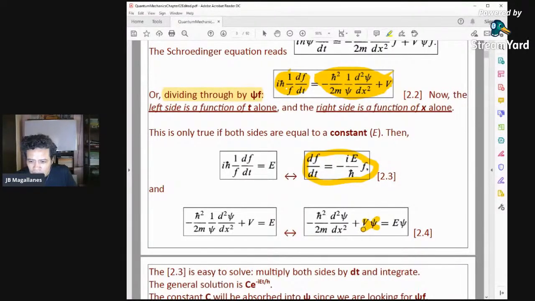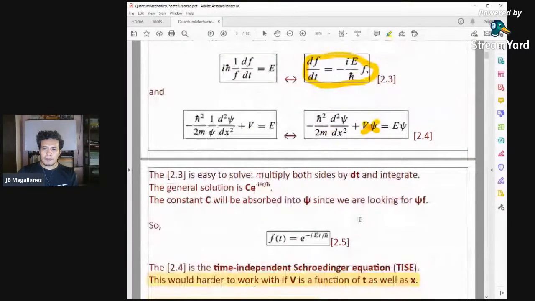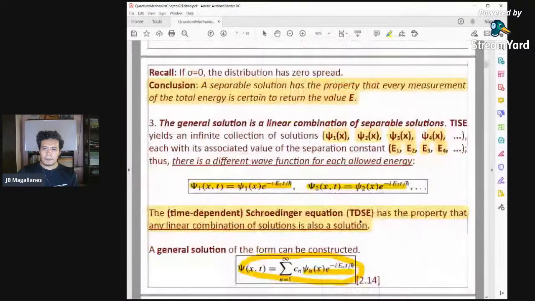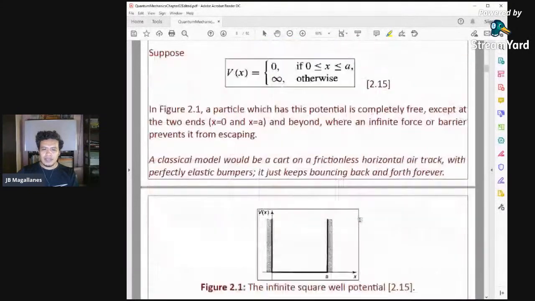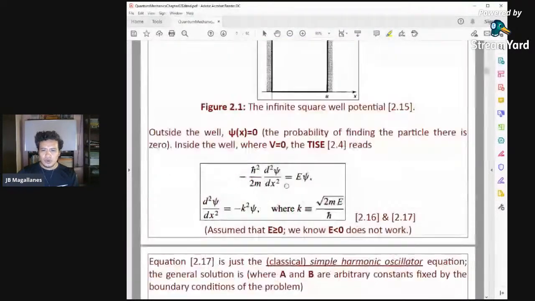So this term will not appear in the Schrodinger equation between 0 and A, because the function has 0 potential in this region. Our time-independent Schrodinger equation will now look like this. There's no potential. And this is inside the well.